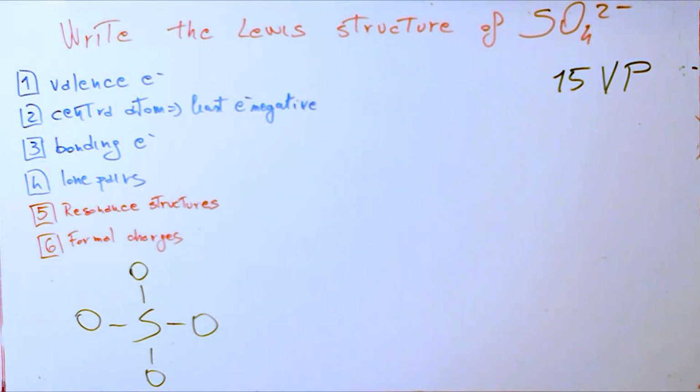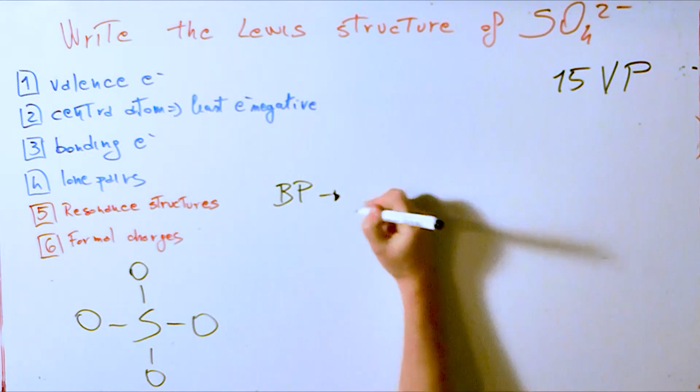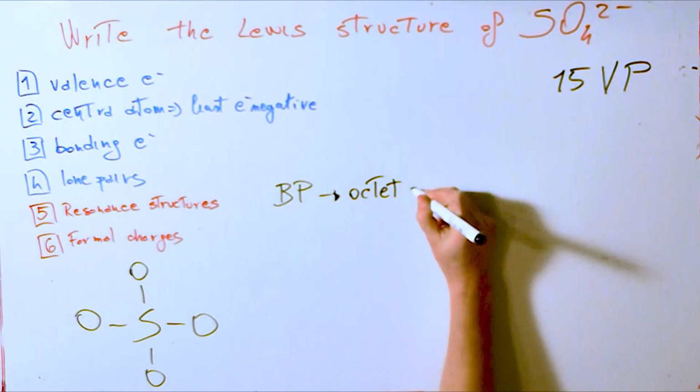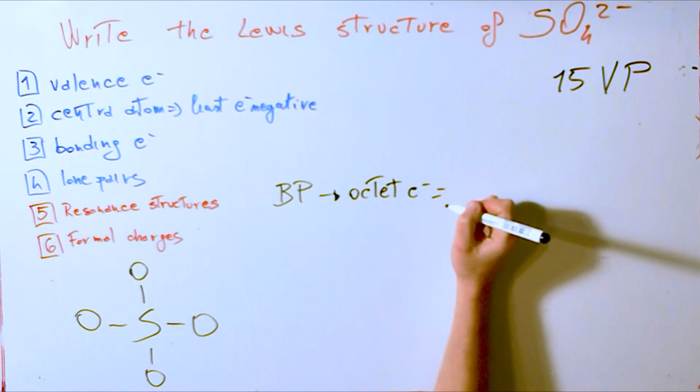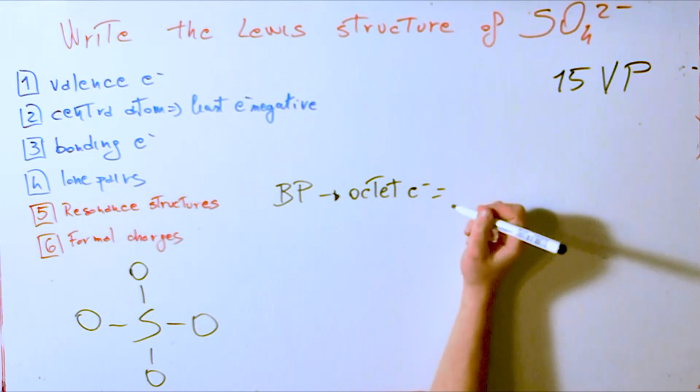Let's go to the third rule. Bonding pairs of electrons will be given by the calculation of octet electrons, which will be equal to the number of electrons from the octet.